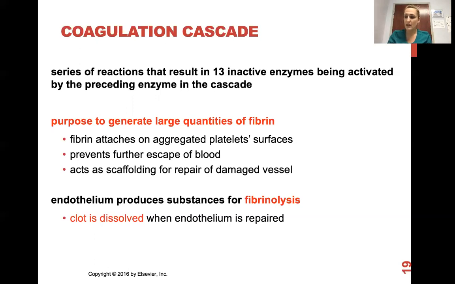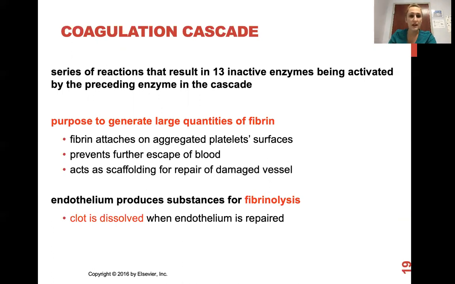So fibrin attaches to the aggregated platelet surface, that big group of platelets in one area covering the injury, and that first of all plugs it and prevents further escape of blood, which we know is a big factor of clotting, so that blood essentially stays inside the body or inside the vessels. Then as things proceed, this fibrin acts as a scaffolding to repair the damaged vessels.